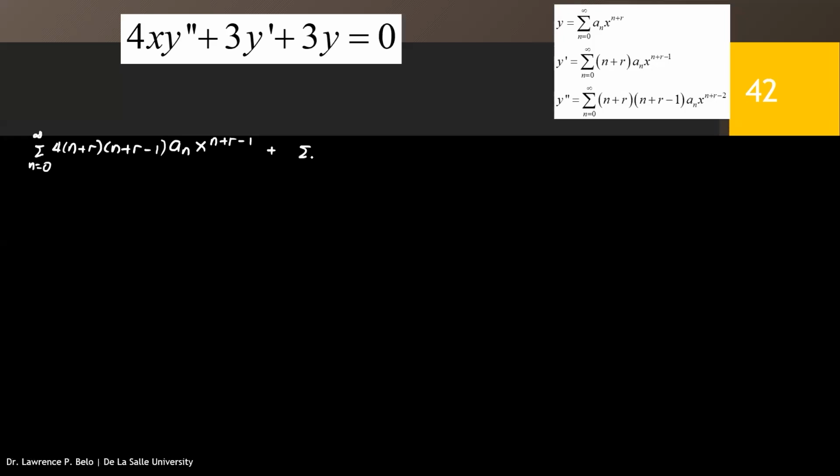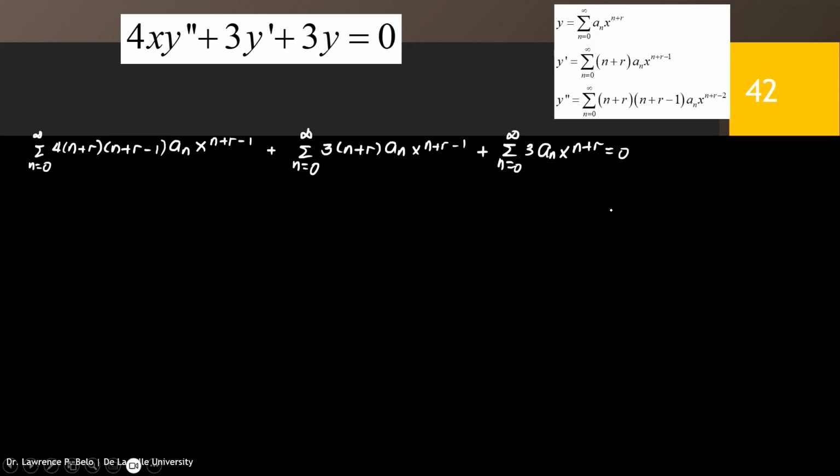And then summation from n equals 0 to infinity of 3(n plus r) a sub n x to the n plus r minus 1. And then lastly, 3 again, a sub n x to the n plus r equals 0.